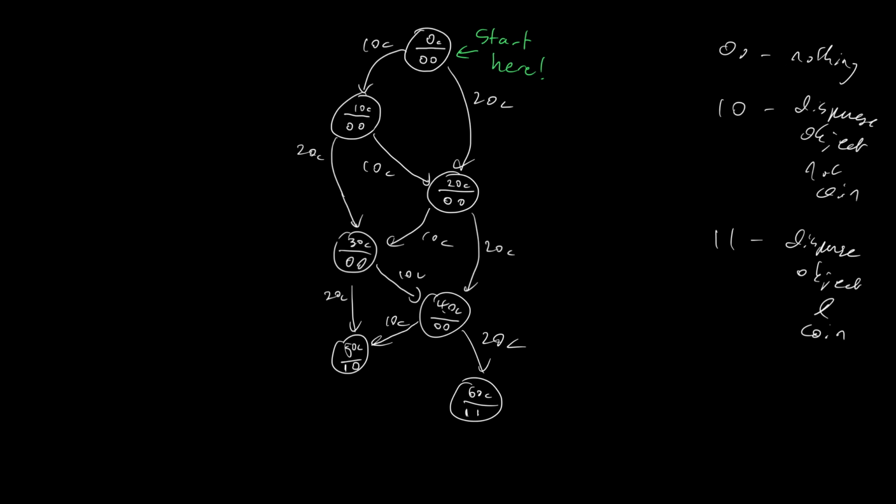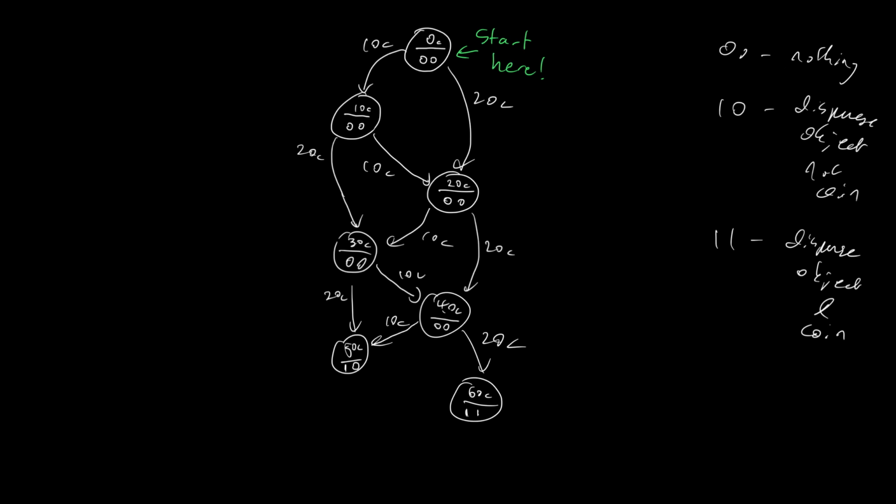So we've dispensed a product, we're either here or here, and we're going to stay in this state until someone else puts in a coin, either 10 cents or 20 cents. So if I'm in this state here and I've dispensed a product, it's basically the same as being in this state up here, but it is fundamentally different because the output denotes that I've dispensed something.